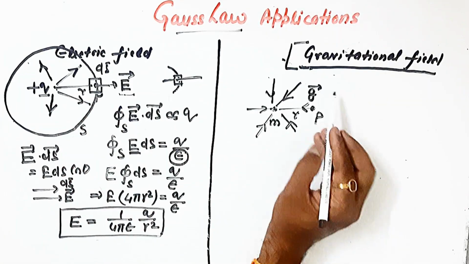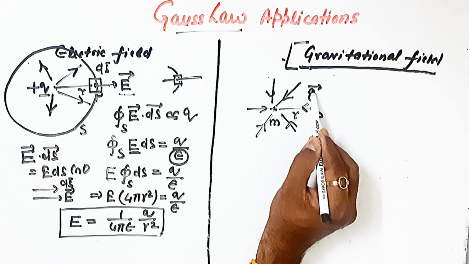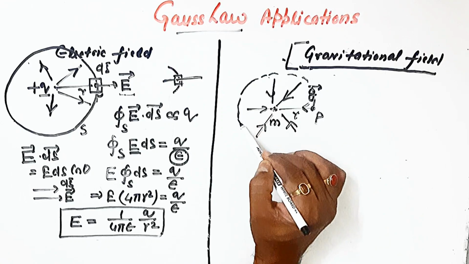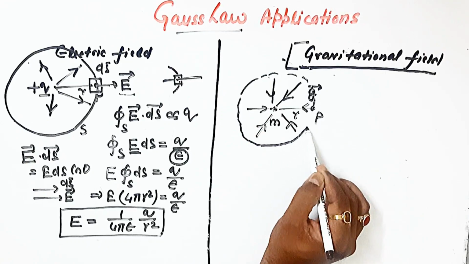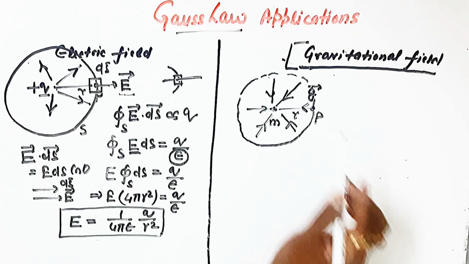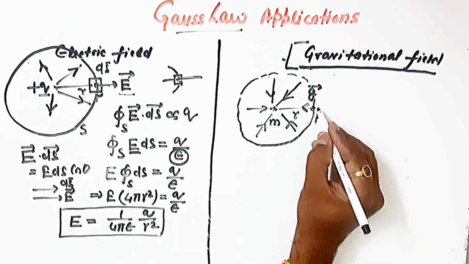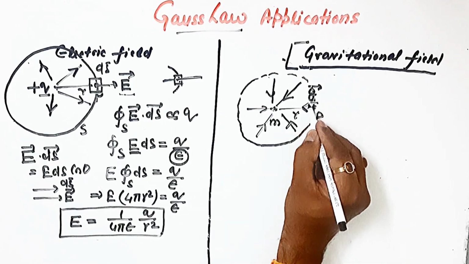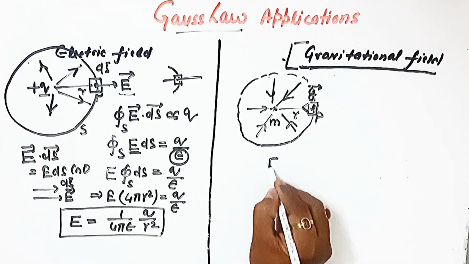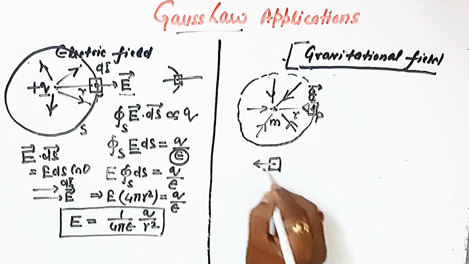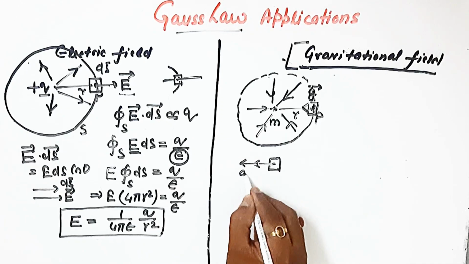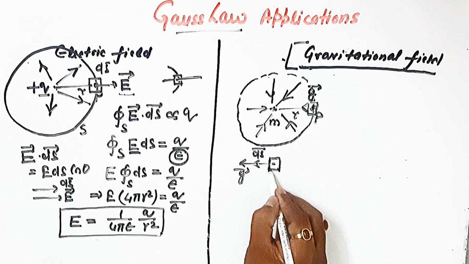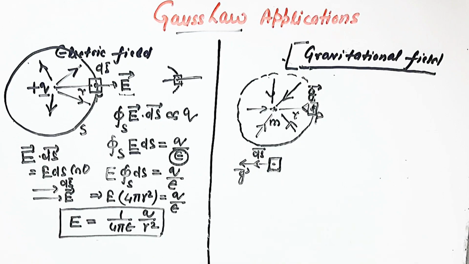In the same manner, here I will consider a Gaussian surface which is spherical, having mass m at its center, and the point P where gravitational field intensity is to be calculated at the circumference. Correct? So again, if you take an area element here, ds vector and g vector will be parallel to each other, because ds vector will be perpendicular to the surface.